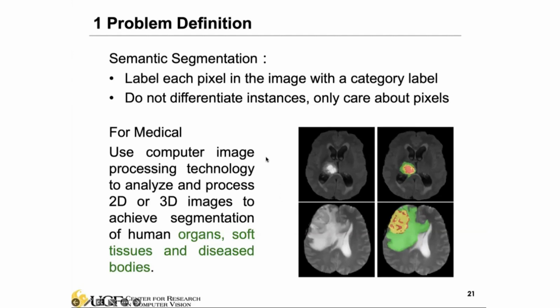This is very important for medical image computing. You can consider this probably the most widely used task, where we use computer vision or machine learning techniques to analyze and process 2D or 3D images to achieve segmentation of human organs, soft tissues, and diseased bodies. Here I specifically mention it could be 2D or 3D images.